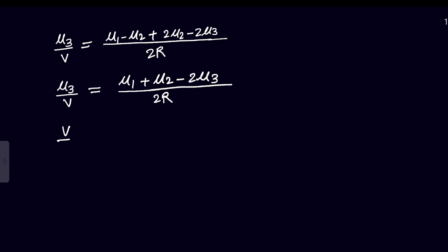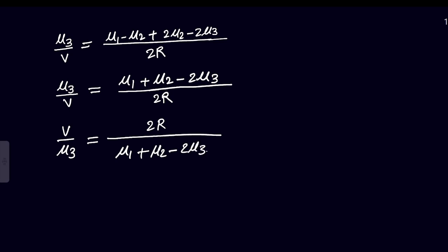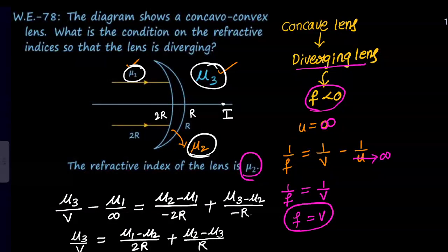If I take the reciprocal, V by mu3 will be equal to 2R by (mu1 plus mu2 minus 2 mu3). The sign of mu1 is positive, since the terms are interchanged.